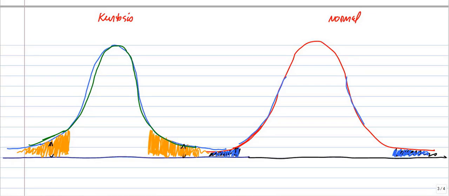Approximately 95% falls within two standard deviations, and about 99.7% falls within three standard deviations. Those are some great characteristics that only apply to a normal distribution.